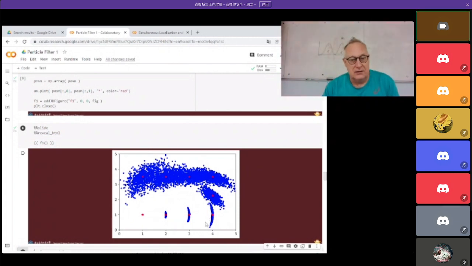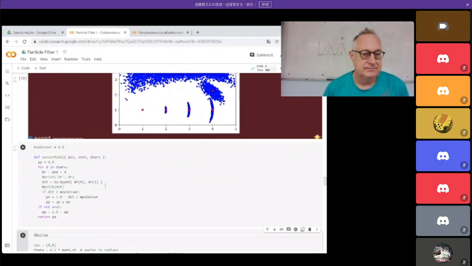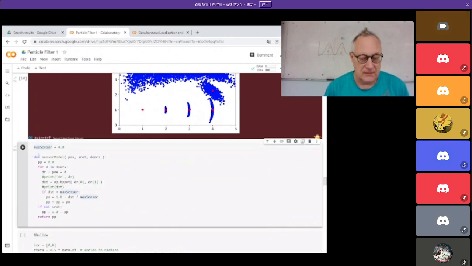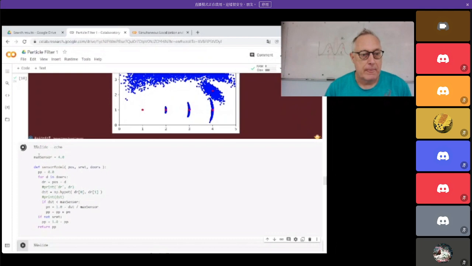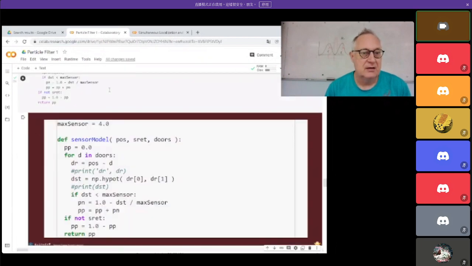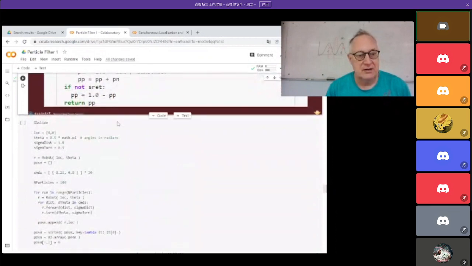Okay, good. So here we have a sensor model. Now, the sensor model we've also modeled so far as applying Gaussian noise. But in reality, the sensor model is different.